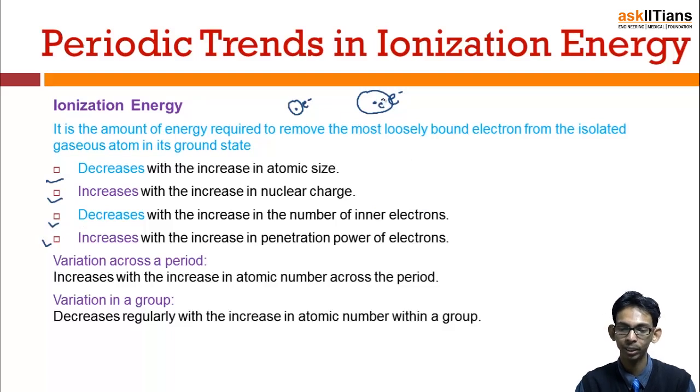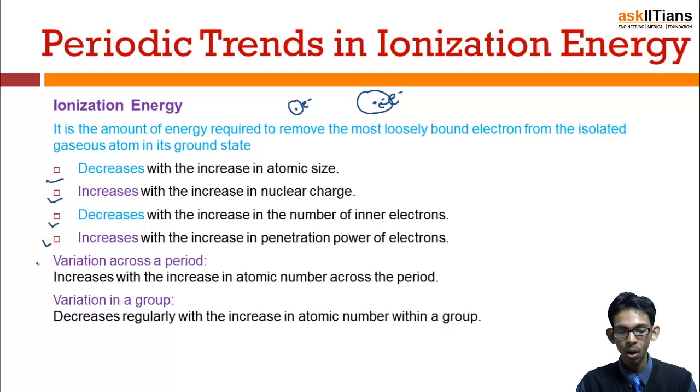If there is an electron present inside, it will repel the outer electron, and that's why it will be easier to remove the outer electron. So greater the number of inner electrons, less will be the ionization energy. It also increases with increase in penetration power of the electrons. We'll leave this one.